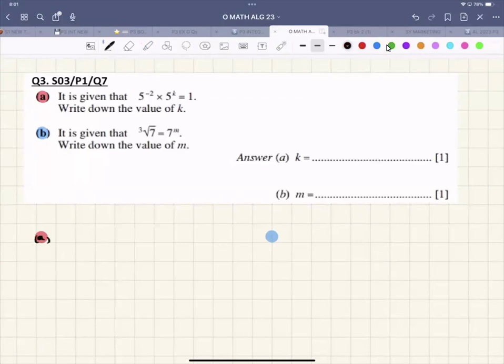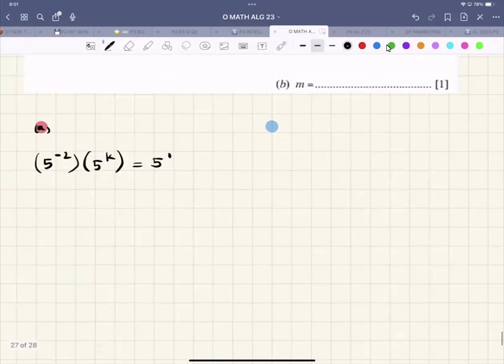So part A, 5 raised to power of negative 2. Let me make the marker thinner, that's too thick. Okay. 5 raised to power of negative 2 into 5 raised to power of k is 1. 1 can be written as 5 power 0. A power 0 equals to 1. So I'm dealing with the same base over here.